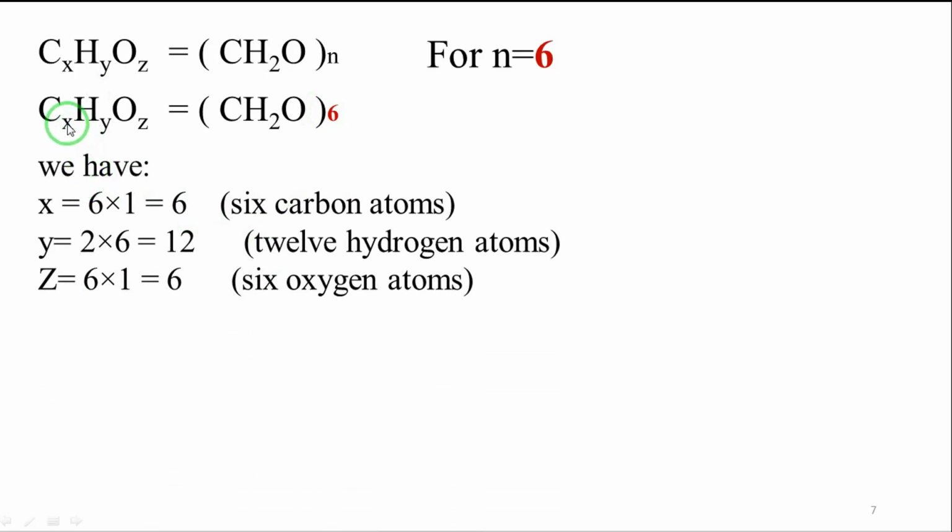For x, it's equal to 6 times 1. So here in the molecular formula, we have 6 carbon atoms. In order to deduce y, it's equal to 6 times 2, which is 12 hydrogen atoms.